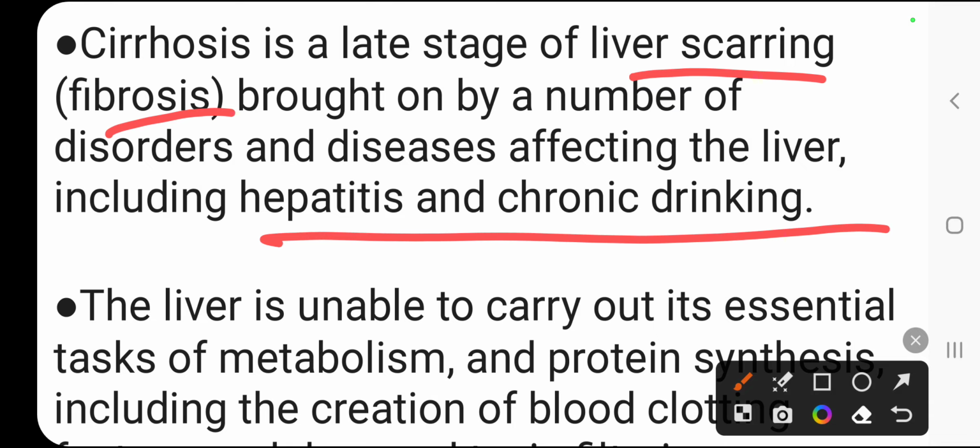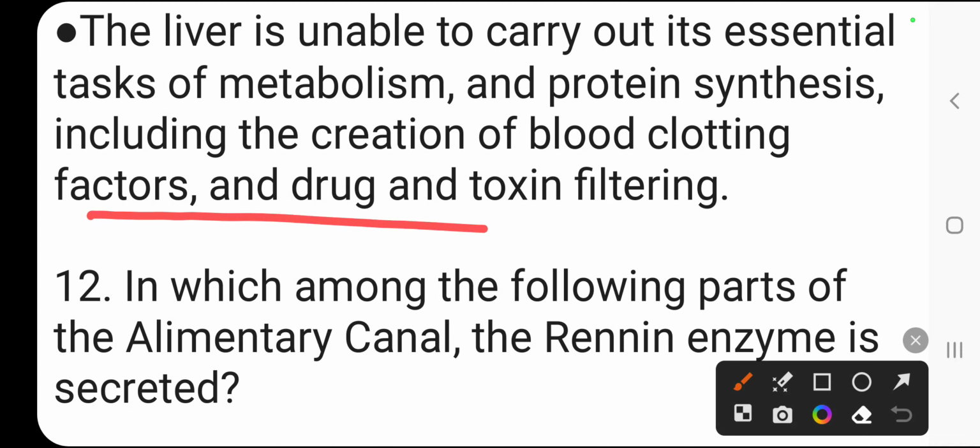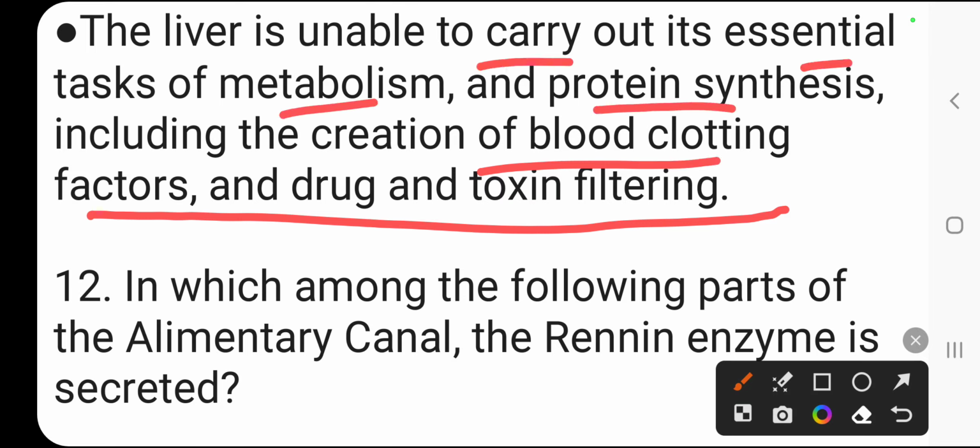In this situation the liver malfunctions and is unable to perform its tasks of carrying out essential metabolism, protein synthesis and creation of blood clotting factors, and there is also a problem in drug and toxin filtration. So these are the abnormalities faced by the liver in case of liver cirrhosis.